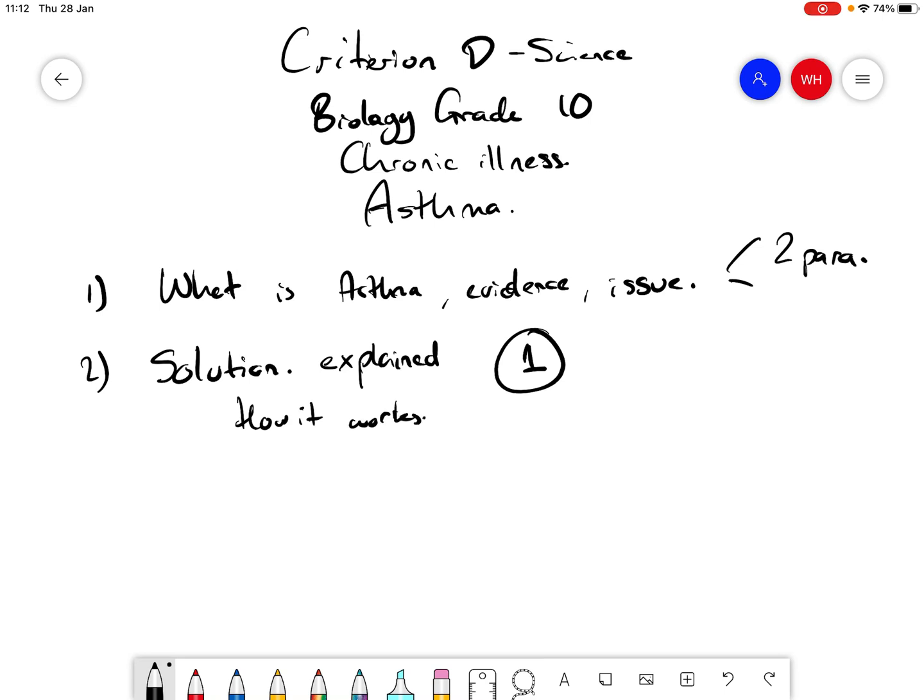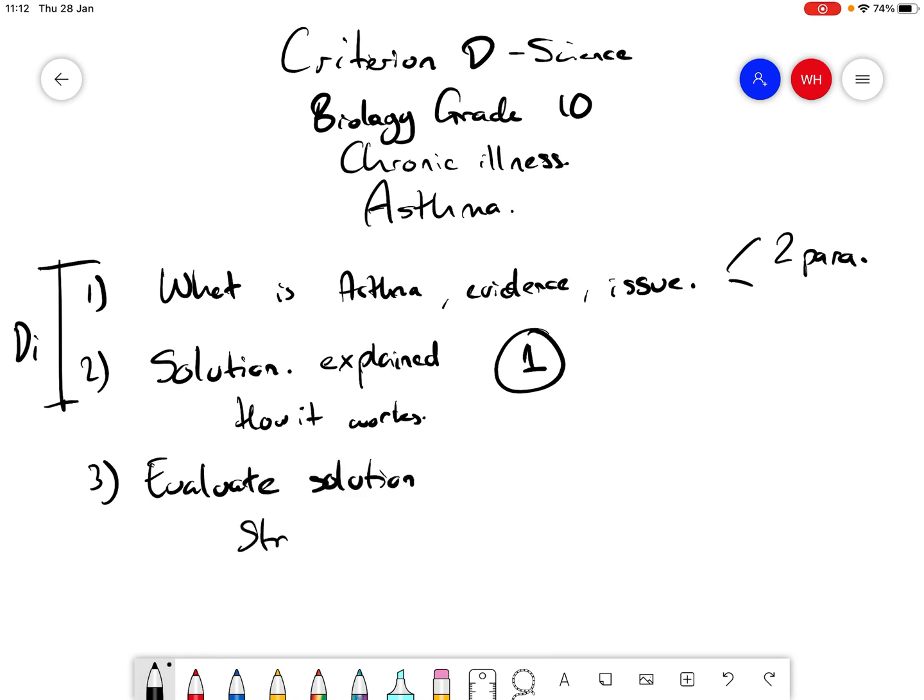Then you're going to evaluate. So this is D-i, yeah? Then you're going to evaluate it. So you're going to talk about strengths and weaknesses. If you want to, you can put them in a table of strengths and weaknesses and talk about them, that's fine, but you need to explain them in detail, yeah?